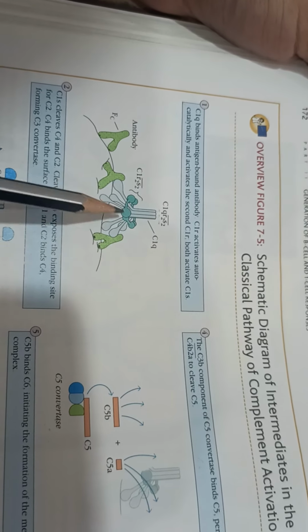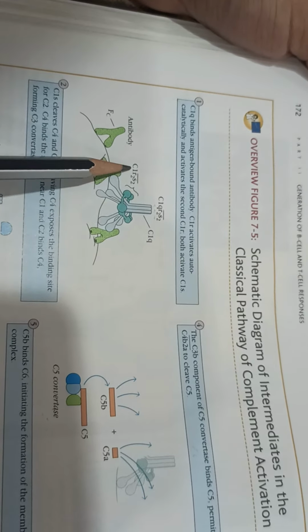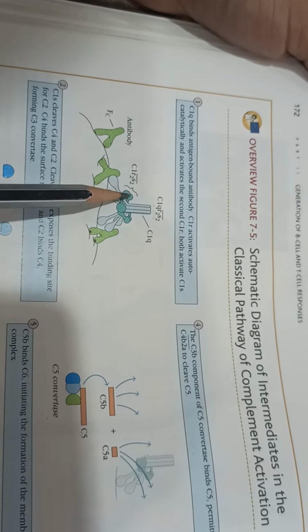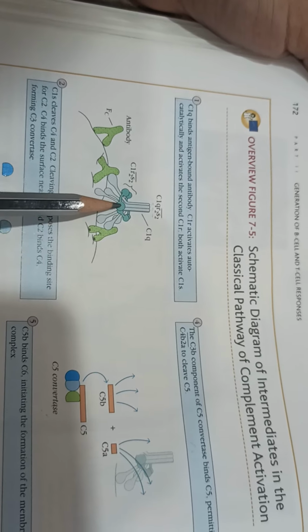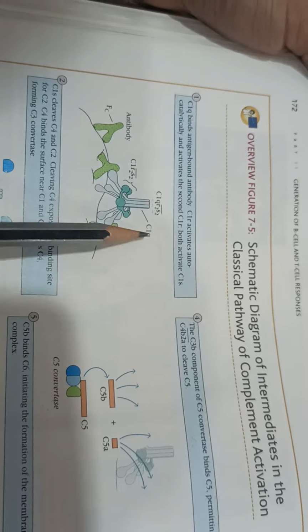We can see the diagram here. C1Q is this one, and C1R2S2 is like the green colored ring which you can see over C1Q.